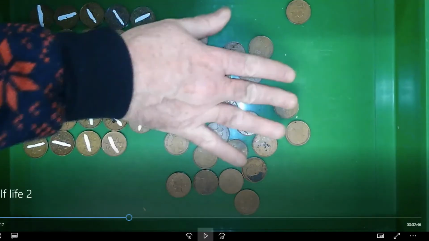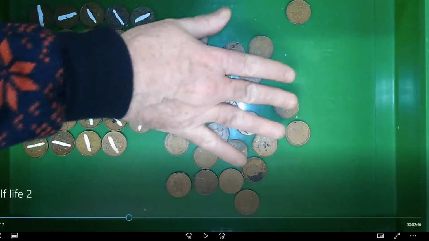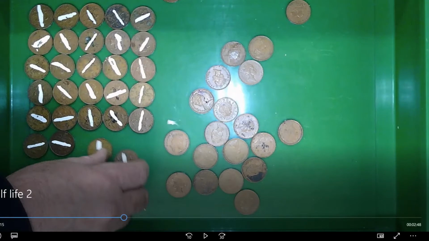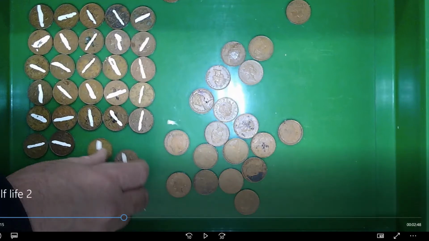Okay, so if we were to count the number of 2p coins there, you can take each row: 5, 10, 15, 20, 25, 27, 29 coins have decayed. You now make a record of that in your table.